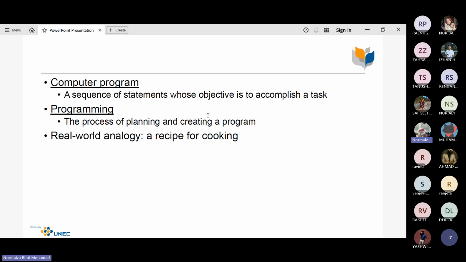Okay. So a computer program is a sequence of statements whose objective is to accomplish a task. Programming is the process of planning and creating a program. The real-world analogy of programming is a recipe for cooking. Why is a recipe for cooking a good analogy for programming? If you want to cook, in the recipe you have the ingredients at the top and then you have how to cook at the bottom.